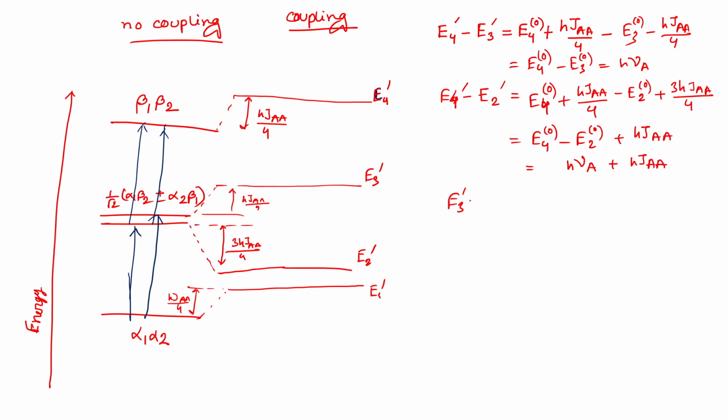What about E3 dash minus E1 dash, which is related to the same spin flipping thing? The gap between these has not changed. It is there on the same.